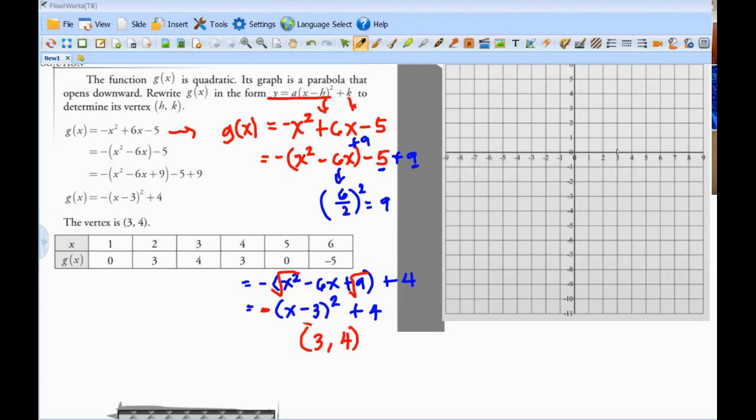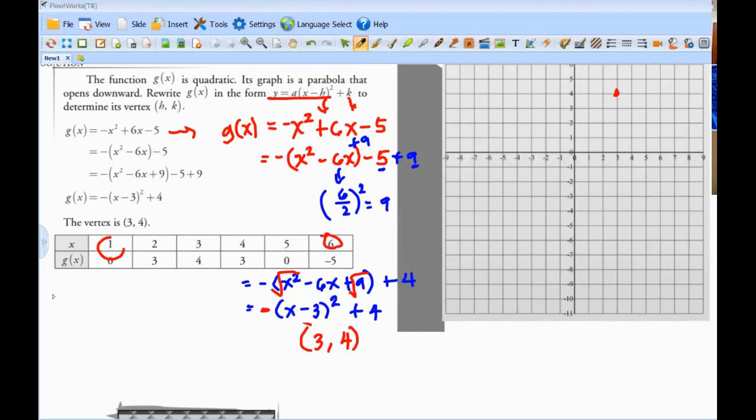This is our parabola. Let's graph. This is 3 and this is 4. So since this is a negative graph of a parabola, the highest point is at 3, 4 because the graph is facing down. So since we have 1 to 6, we will substitute values.